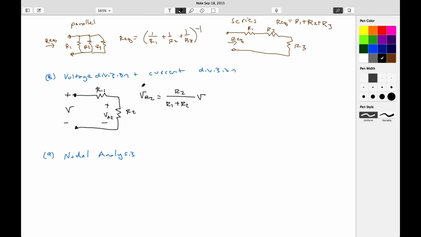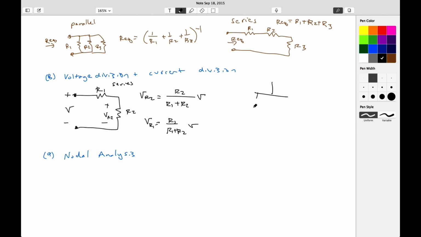Similarly, the voltage across R1 is equal to R1 over R1 plus R2 times V. So this is very important to remember for finding the voltage across a certain resistor. We take the resistor we care about divided by the sum of the resistances. This is in series.